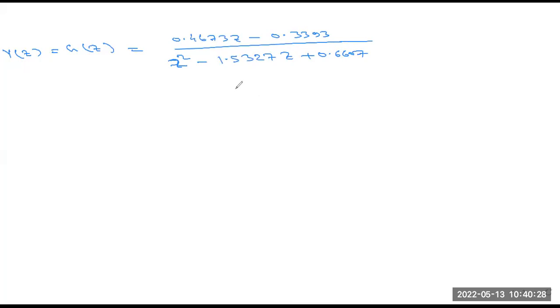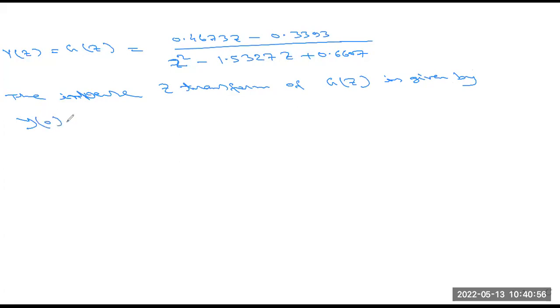Okay, so the inverse Z transform of G of z, that means of these functions, is given by y is equal to 0, first function, because you know that in our previous sections we changed the limit, k tends to infinity.